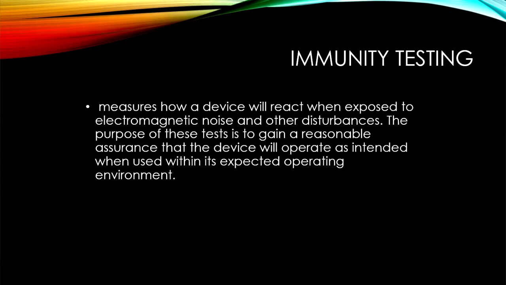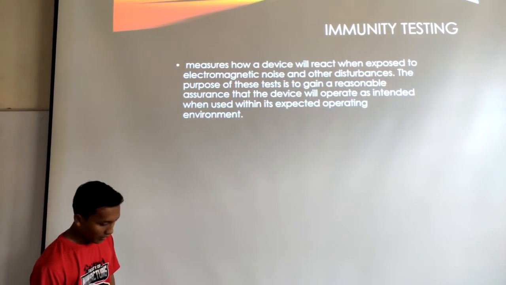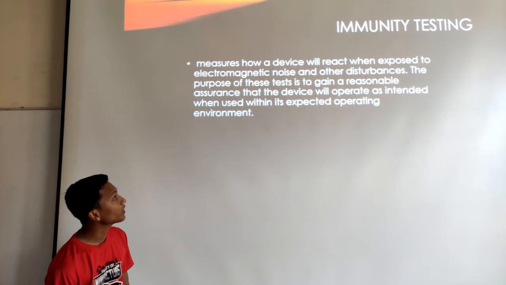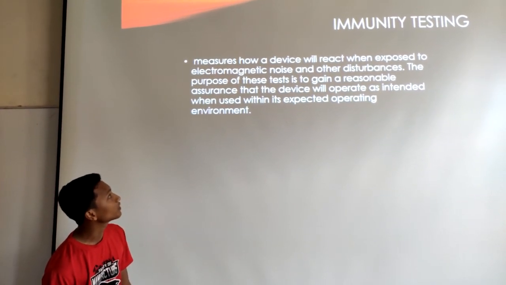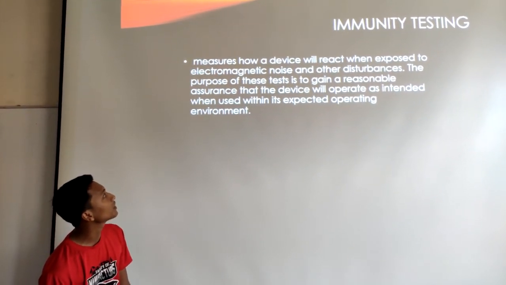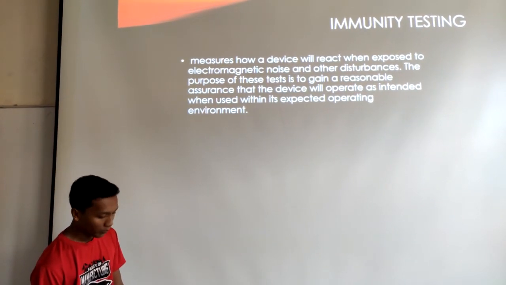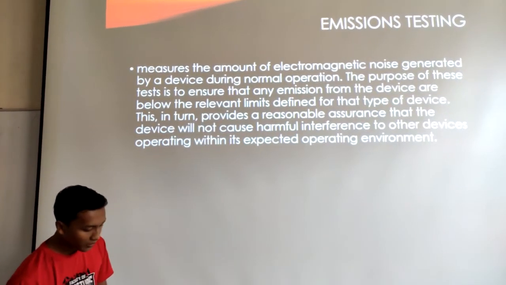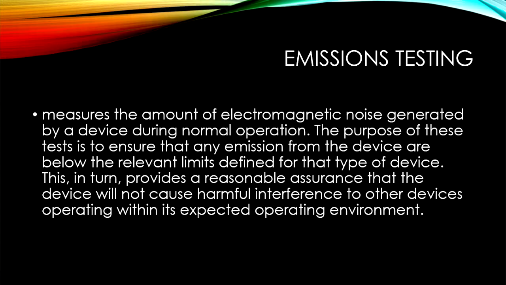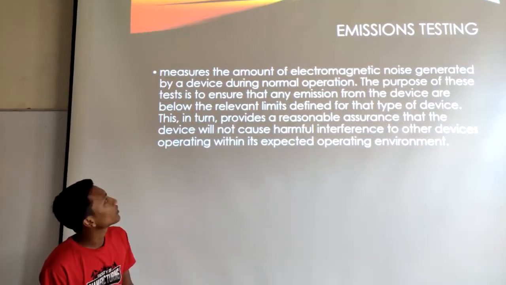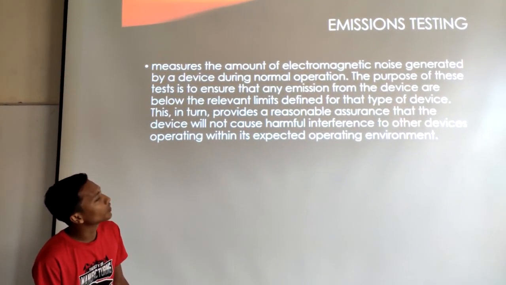Immunity testing is to measure how a device will react when exposed to electromagnetic noise and other disturbance. The purpose of this test is to gain a reasonable assurance that the device will operate as intended when used within its expected operating environment. While emission testing is the measure of the amount of electromagnetic noise generated by a device during normal operation.